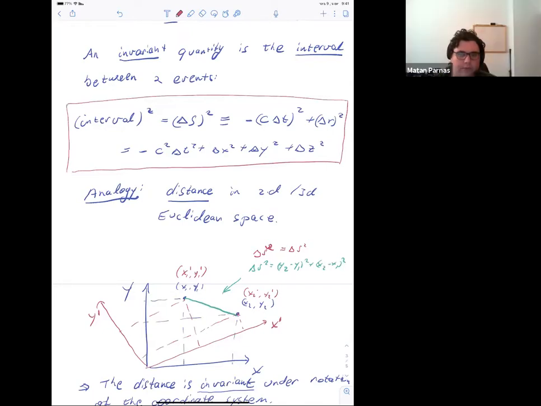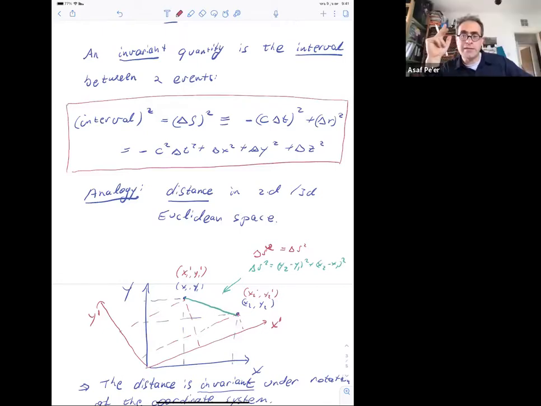So if in the analogy for two-dimensional or three-dimensional Euclidean space it is distance, then you say that if I and someone else look at the same event from different points of view, even though the time it takes for the event to occur is different, the distance that it passes will be the same for both of us. No. Good that you asked that.